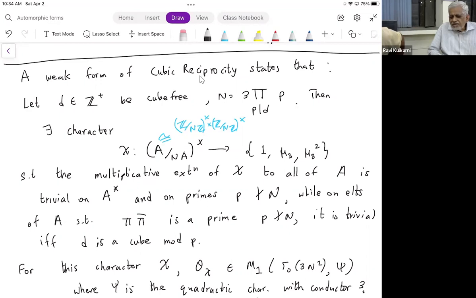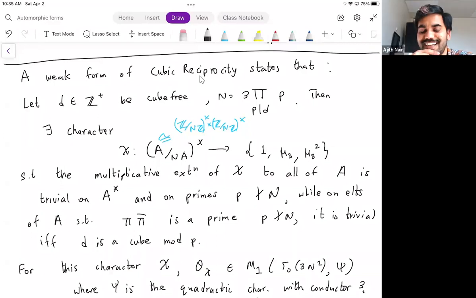And now if your 3 is replaced by a general prime cube, that is the original Artin reciprocity, right? Yeah, I don't know about that, but I've heard of these. I'm still trying to get there. So maybe if Mihir knows, he can say.